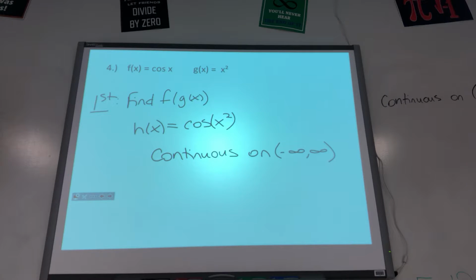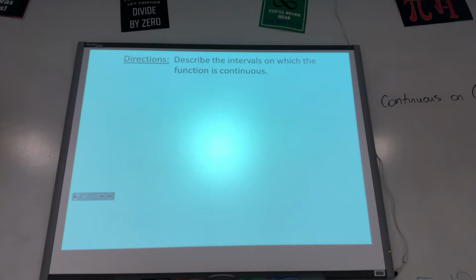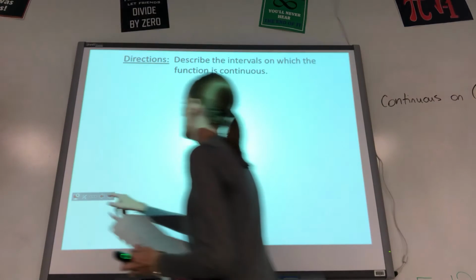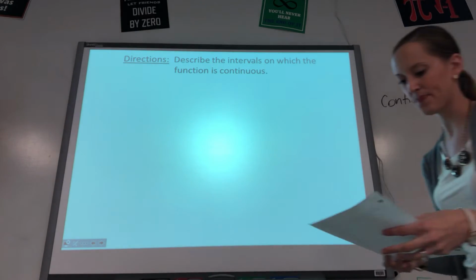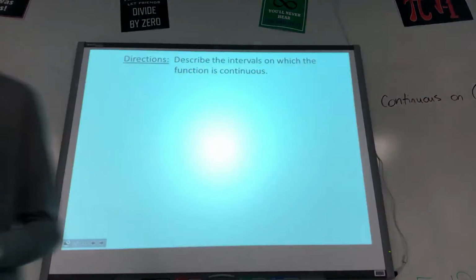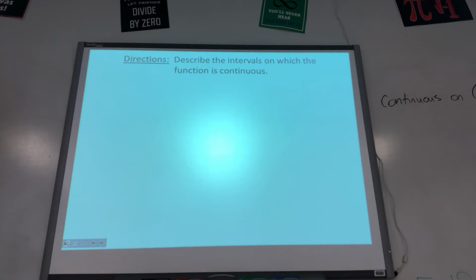Now, last two examples here. We're kind of doing the same thing each time, but now it says, very specifically, to describe the intervals on which the function is continuous.